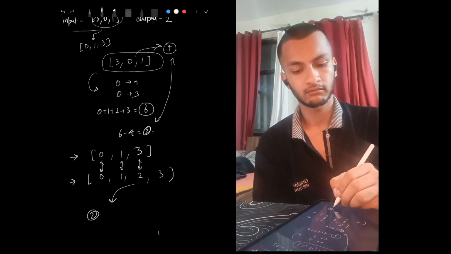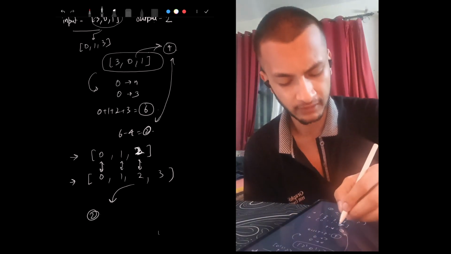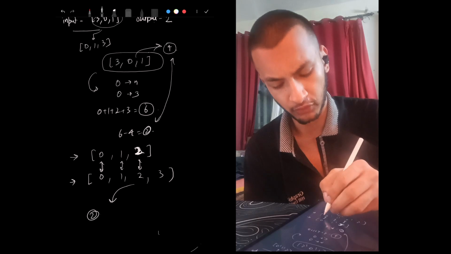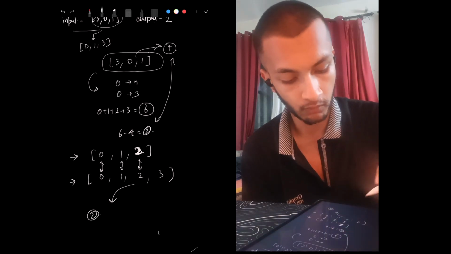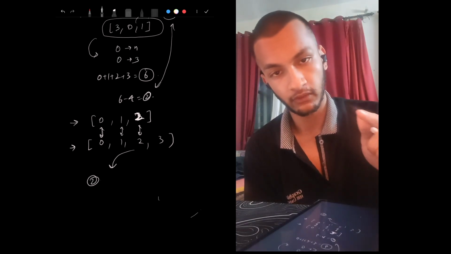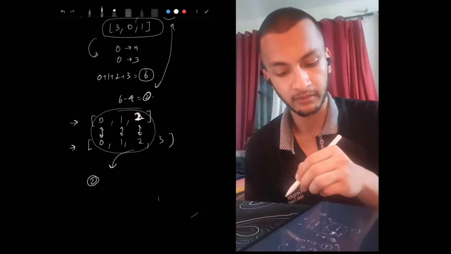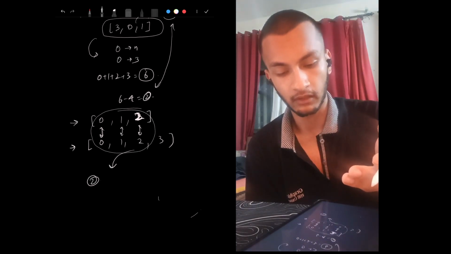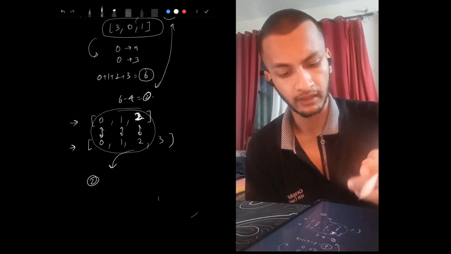But say that if all elements are found, and 0 matches with 0, 1 matches with 1, 2 matches with 2. Now what to match 3 with? In that case we will add a condition that if every element is matched, then it will come out of the loop for sure, and at that time we will return this element.